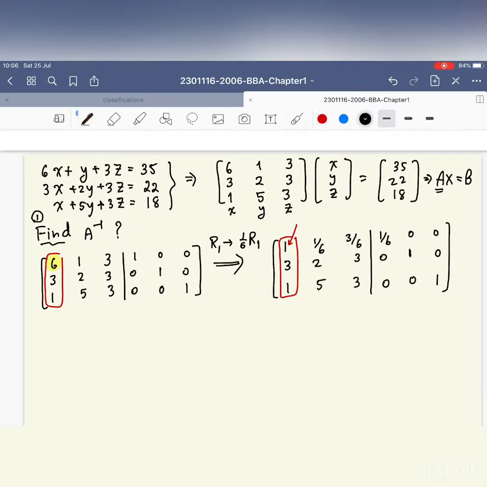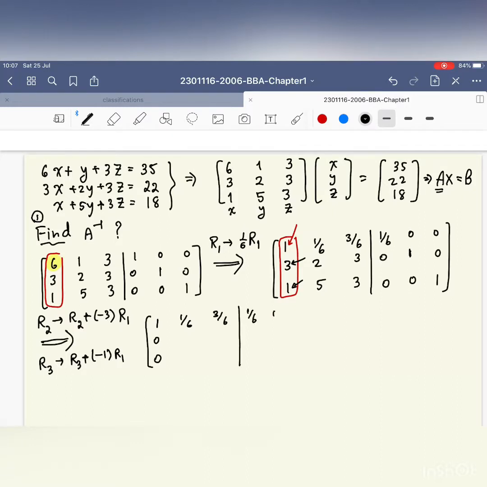Here your R2 must be changed into R2 plus the opposite number of the entry there multiplied by R1, and R3 is R3 with the opposite number multiplied by R1. If you did it right, it must be like this. Your R1 will stay the same, and the rest will be changed.